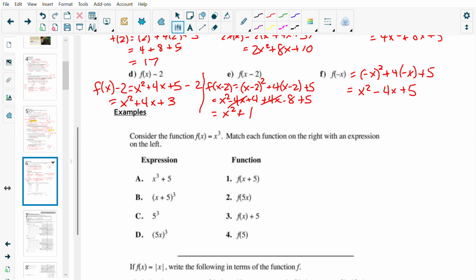Examples. Consider the function f of x equals x cubed, so a cubic. Match each function on the right with an expression on the left. Okay, so f of x plus 5, that is x plus 5 cubed.